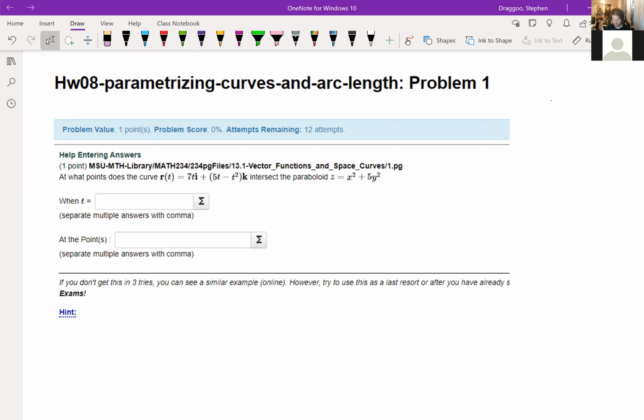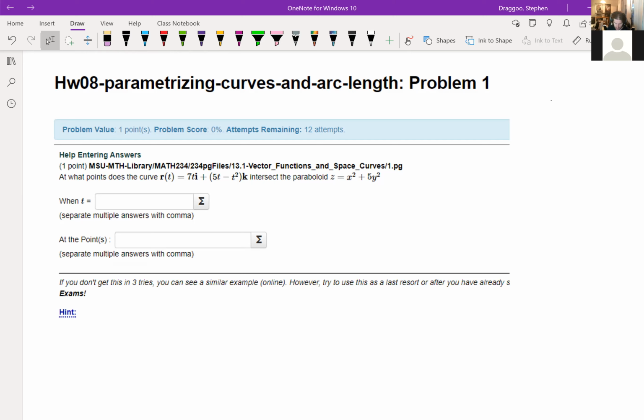Okay, so what have we got here? We want to get the intersection of that curve with a paraboloid. There was another question where I looked at a helix and got confused.